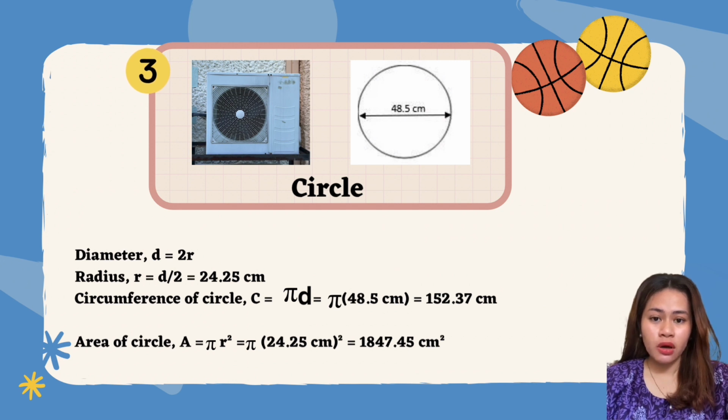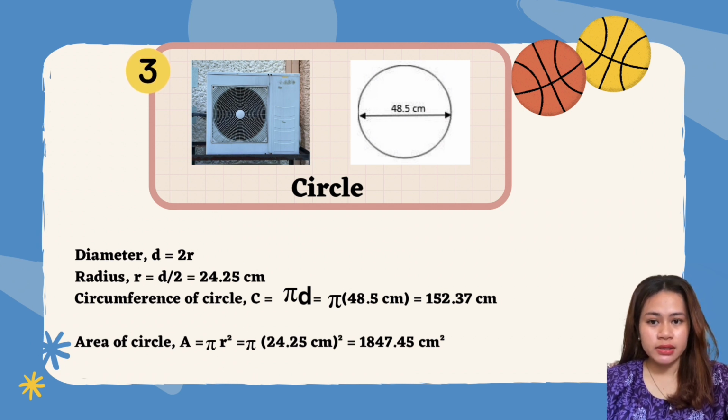The formula of diameter for a circle is D equals 2r, while the formula for radius is r equals D over 2. So here we can find that the radius of the circle is 24.25 cm.